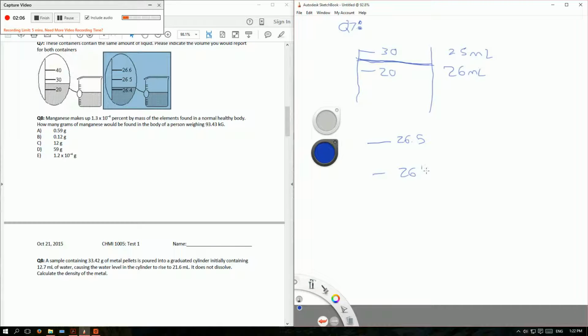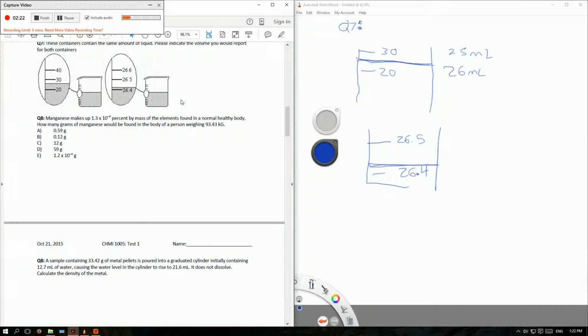So now you could go down to 1 decimal place, and here's your water line, and here it's not quite 26.5 mils, but it's definitely more than 26.4. So you could say 26.43 plus or minus 0.01.